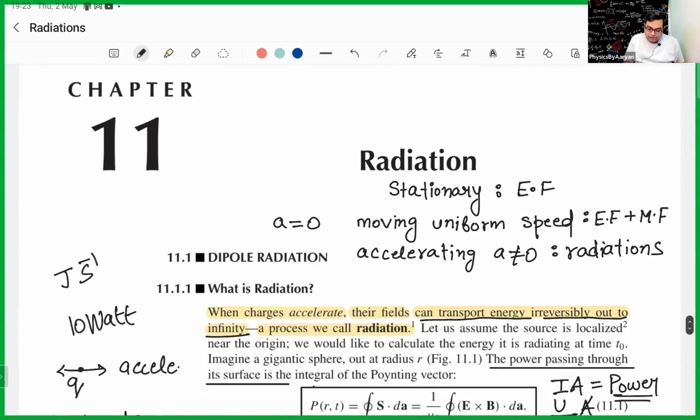And that can only happen if the power does not depend upon R. If my power, let's say, is inversely proportional to R, what will happen? As I'm going away from this charge, my power is decreasing, and after some time, my power will become zero. So my radiations will not reach infinity, and the fundamental definition of radiation will fail.